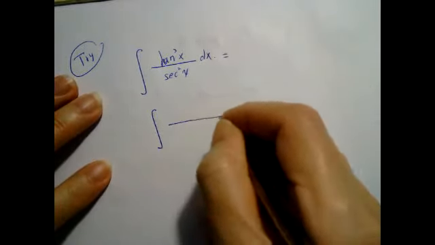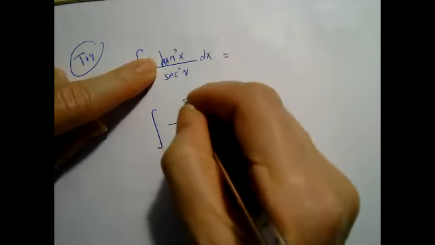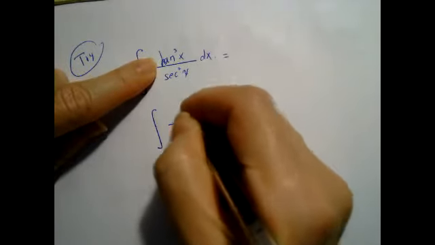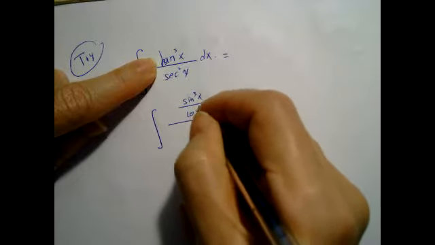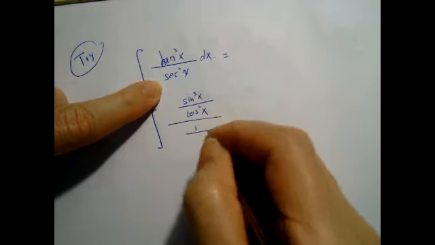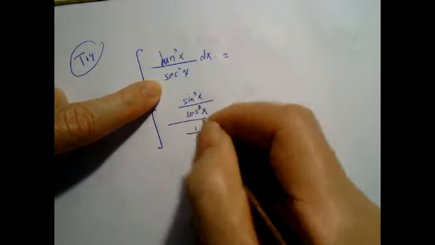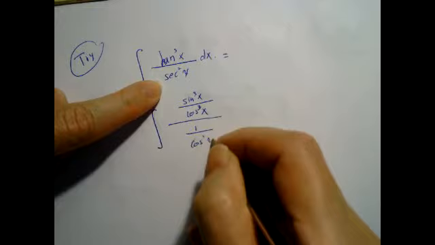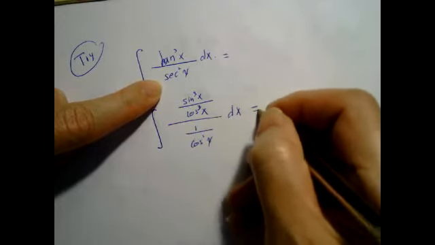So tangent cube is going to become sine cube over cosine cube, times 1 over cosine square.